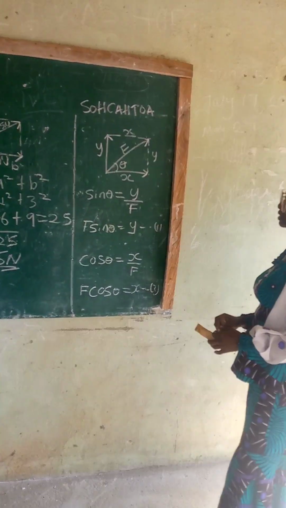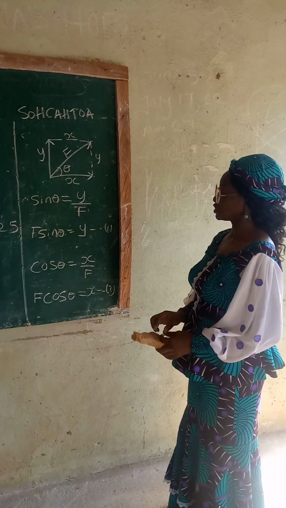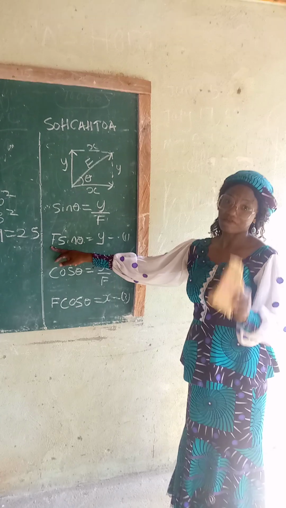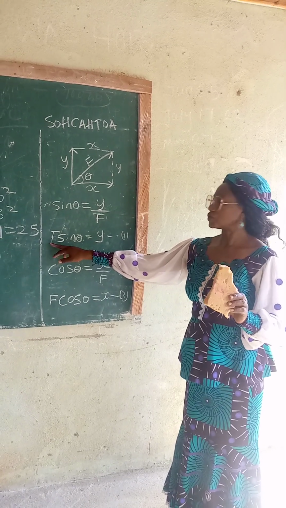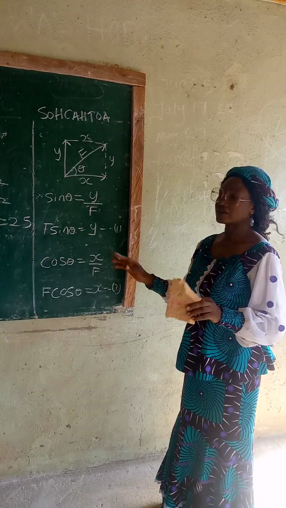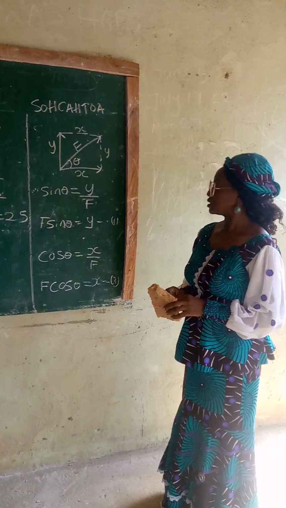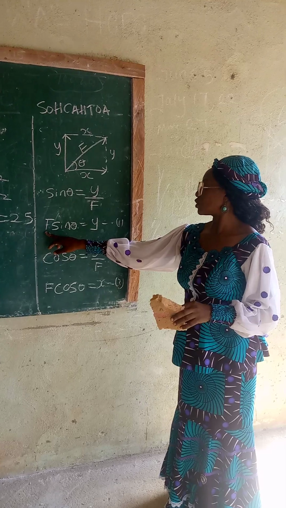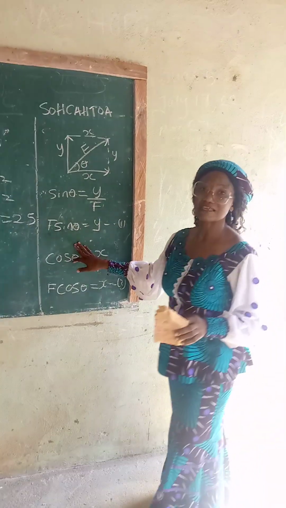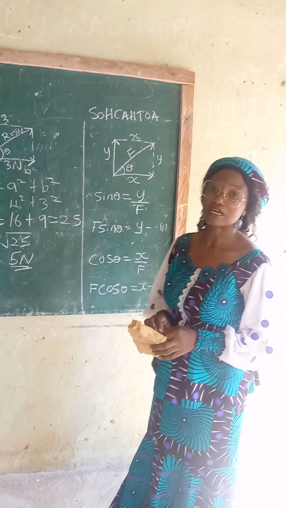So if you are asked to find the direction, you simply use this formula, knowing fully well that your f now is your resultant. So you put your f, which is your resultant, you put your y, and then you find the sine inverse, and then you get your direction.